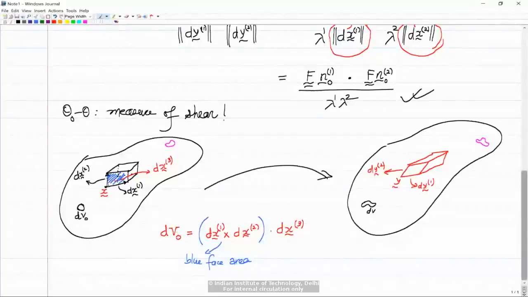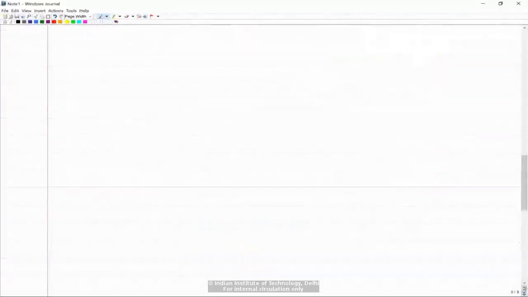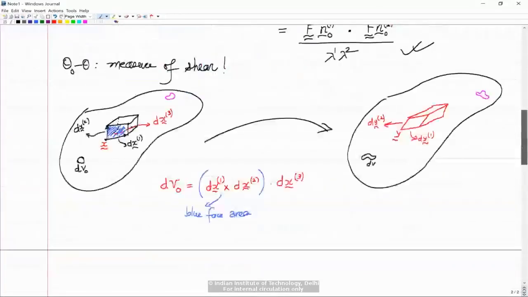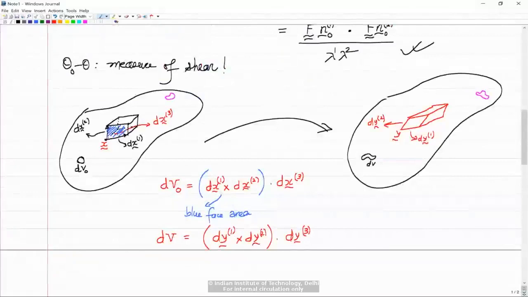So if you know this volume, then you would also know the deformed volume, right? The deformed volume dV is simply, because the sides are now y's, dy1 cross product dy2 and then dot with dy3. And of course you also know that you can have the cyclic permutation also, right?